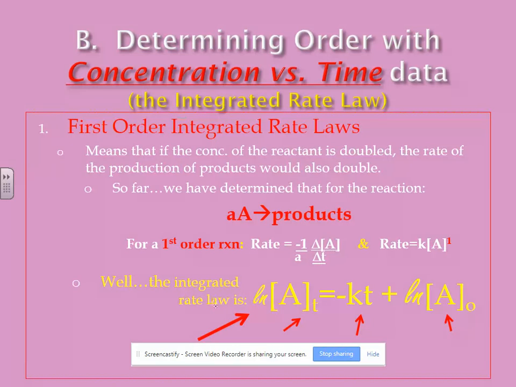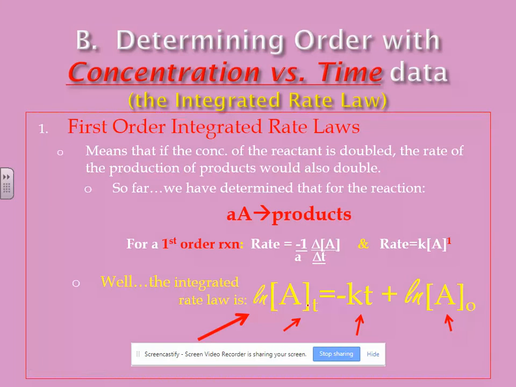So the corresponding integrated rate law is natural log of A at time equal to t equals negative kt plus the natural log of the initial concentration of reactant A.